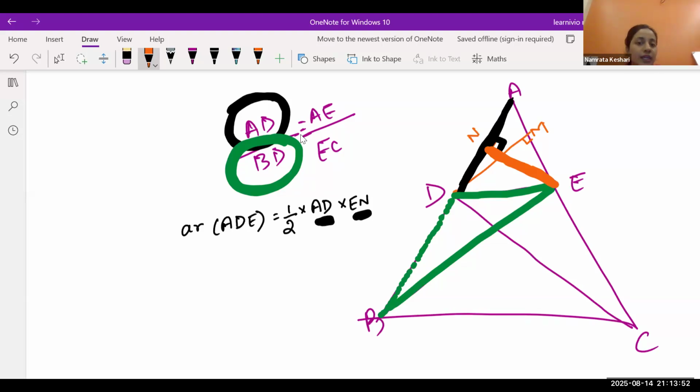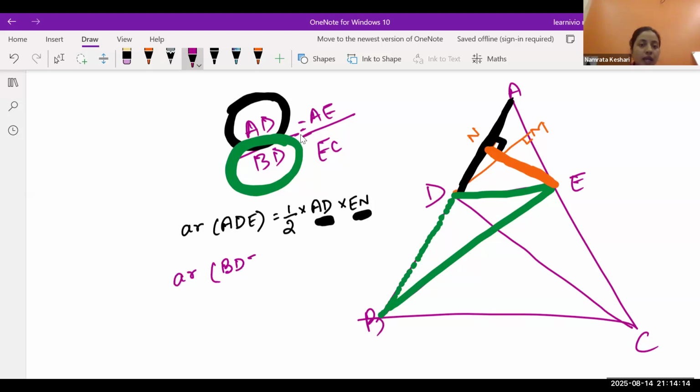ओके, तो BDE ट्रायंगल में वर्टेक्स E से एक ऑल्टीट्यूड, एक परपेंडिकुलर ड्रॉप होता हुआ दिख रहा है जिसका नाम EN है. ओके, ये कंप्लीटली नॉर्मल है. हम कौन सा ट्रायंगल लेने वाले हैं, ट्रायंगल BDE.